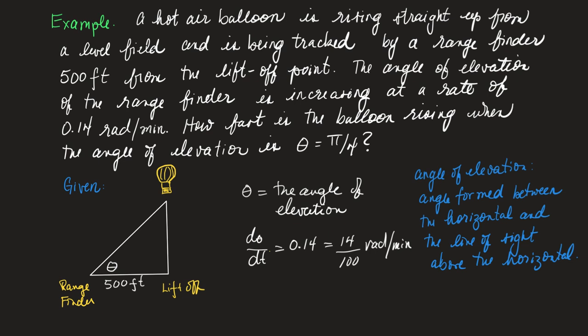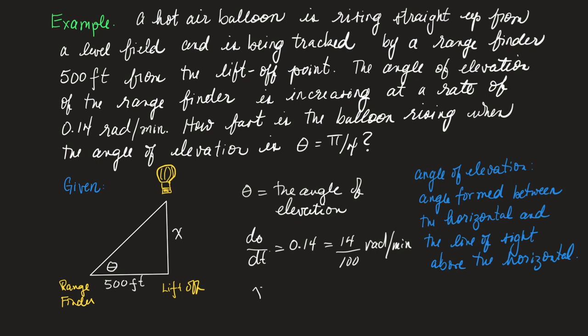Now, there's one other thing I should assign a variable, because I want to know how fast the balloon is rising. And that is going to be the rate of change of this distance here. So let's assign it x.